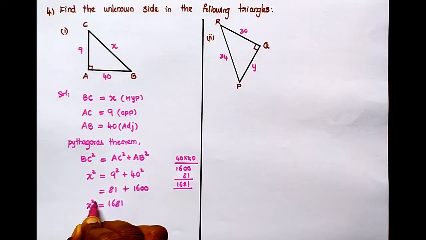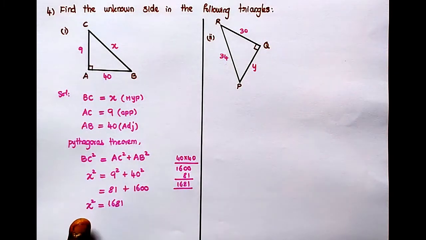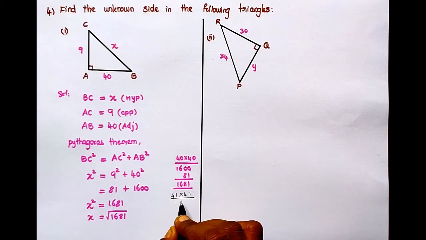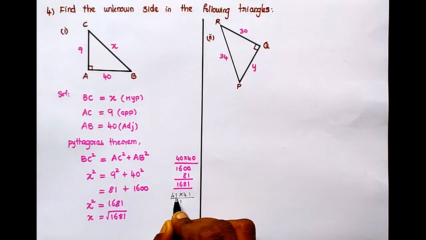That is x squared. Listen, from that we have to find x. Squared means bring it to the other side as a square root. So x equals the square root of 1681. Here, 41 into 41 gives the number: 1 1 is 1, 1 4 is 4, again 4 1 is 4, 4 fours are 16.